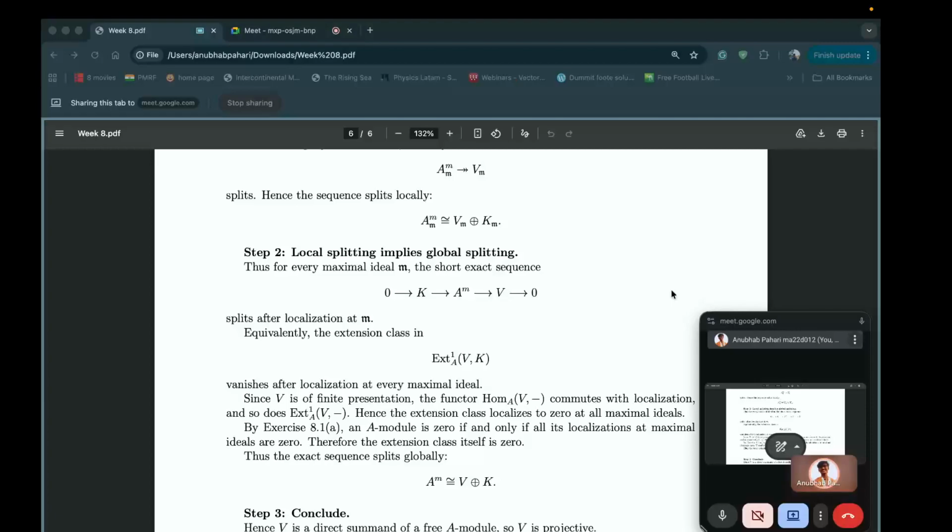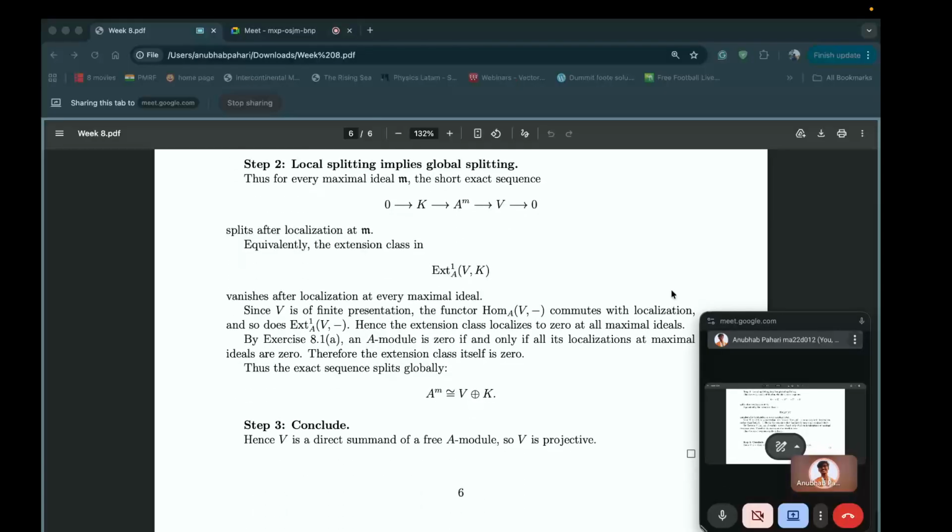Since V is of finite presentation, the functor Hom(V, -) commutes with localization, and so does Ext^1(V, -), because Ext^1 is the first derived functor of this Hom.